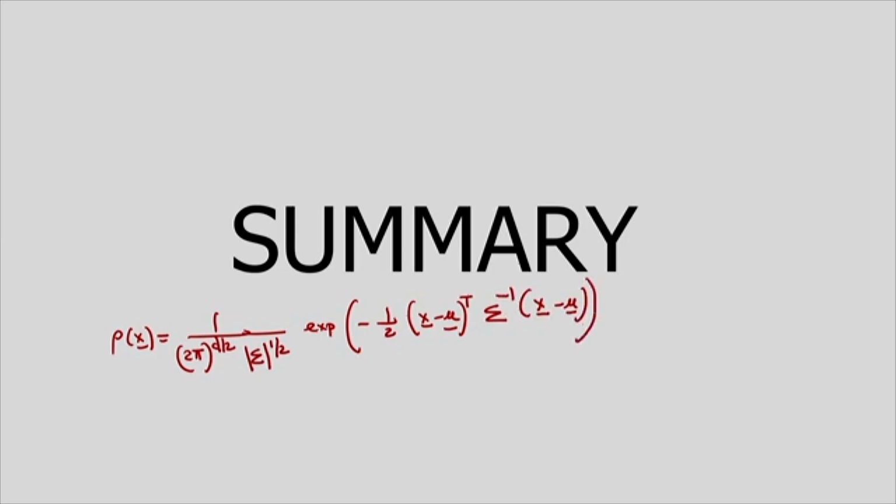This is the expression for the multivariate Gaussian density, which I have already explained. Now, let us define one distance. The distance r square is defined like this: (x minus mu) transpose, the inverse of the covariance matrix, (x minus mu). This is a very popular distance in machine learning. This distance is called the squared Mahalanobis distance.